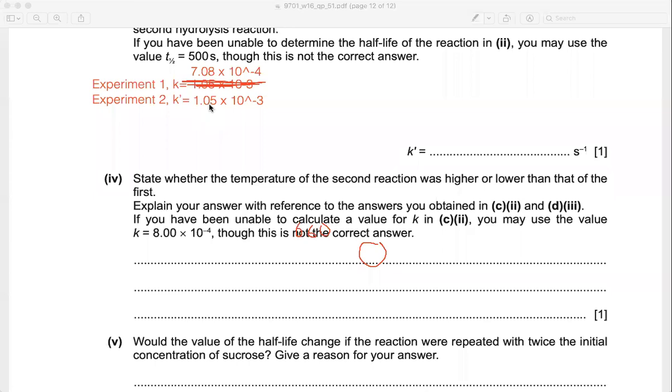So the higher the K, the higher the temperature is, right? So to answer this, state whether the temperature of the second reaction is higher. Explain your answer. Because higher rate constant K1 in the second reaction.